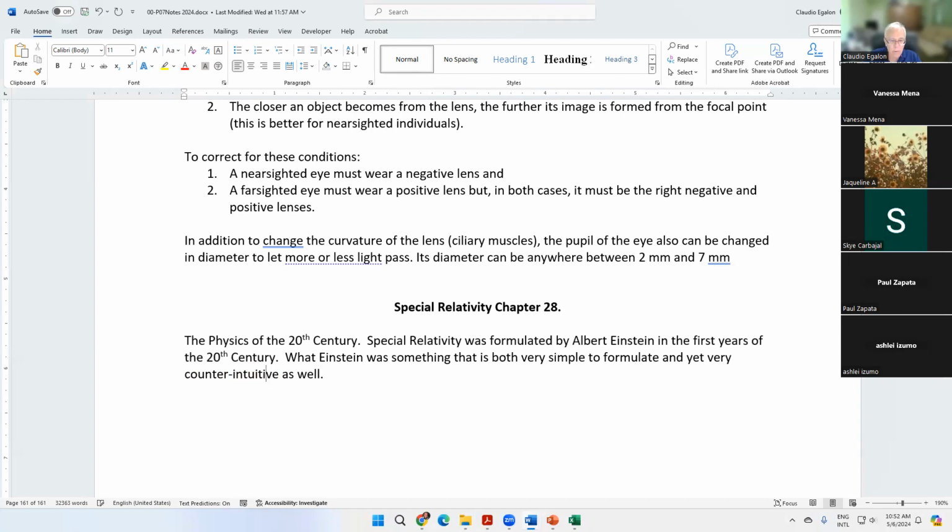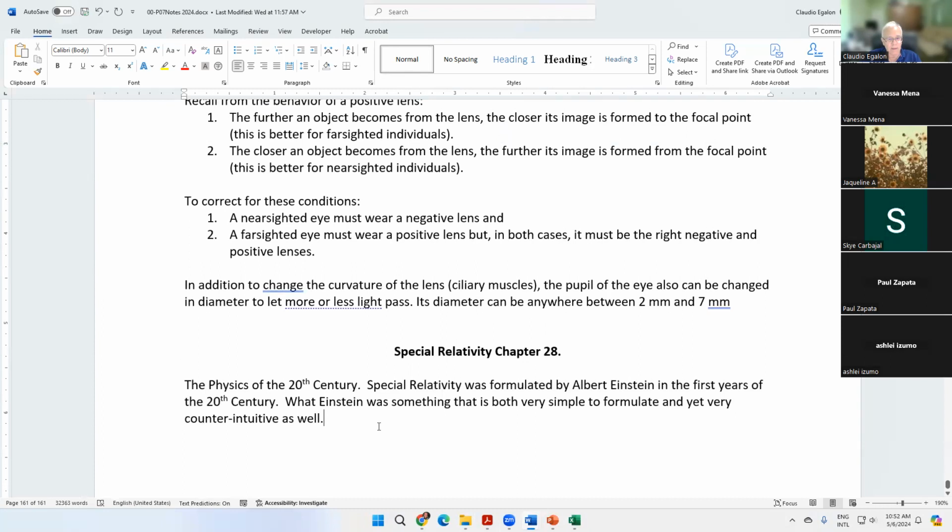It was so counterintuitive that it took a long time for the scientific community to accept it as a fact.